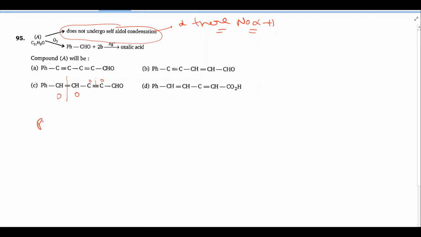So you can take the C option. You are going to get PhCHO. Then this is the connection, CO. Here C double bond O, it is like a double bond. Here one bond, here one bond. So here also C double bond O, CH4.